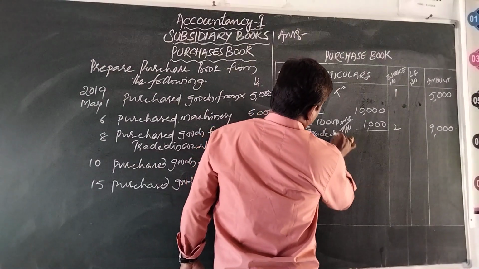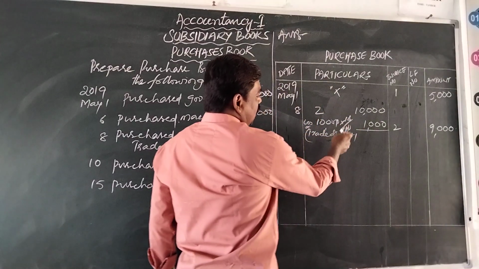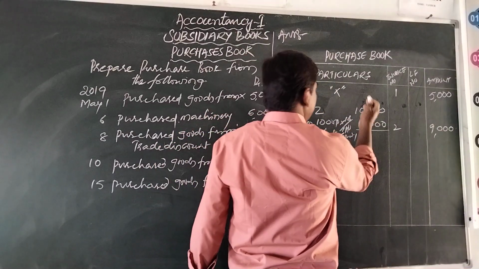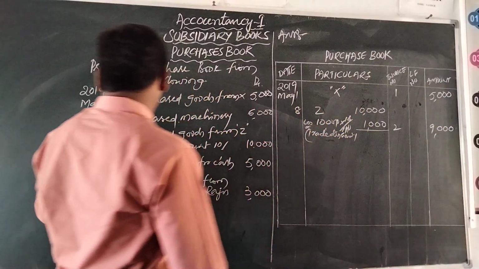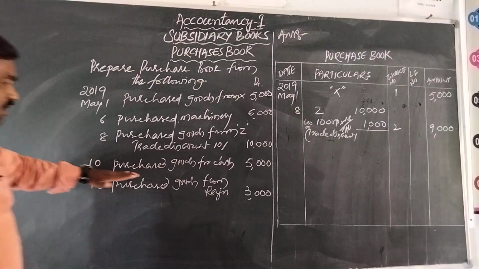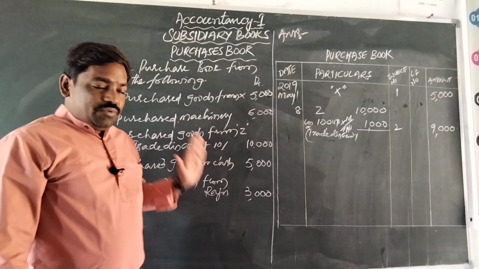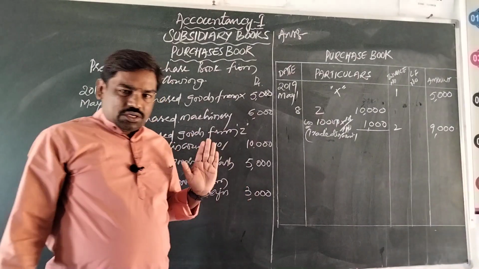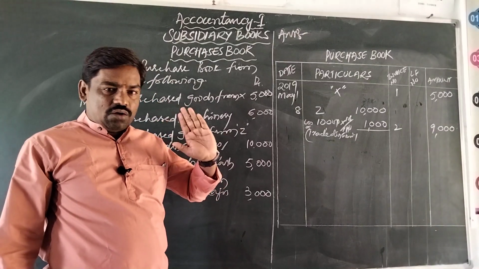Trade discount 10%. So the trade discount should be deducted from the purchase price, and the net figure can be taken in the amount column. Okay, next, see on May 10th, purchased goods for cash. When we are preparing the purchase book, there are some conditions which we have to follow.